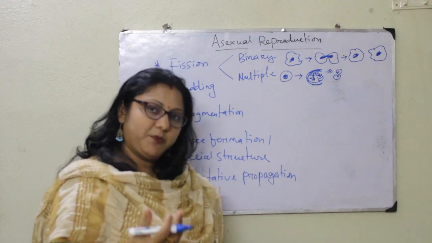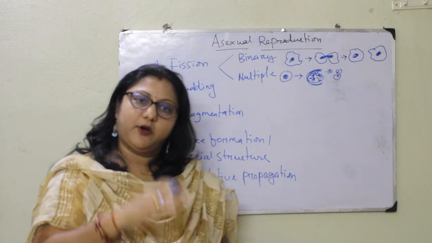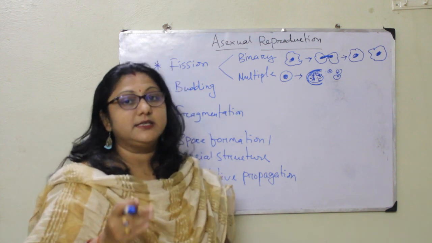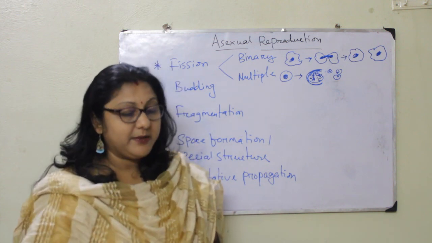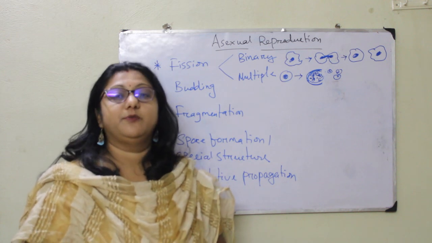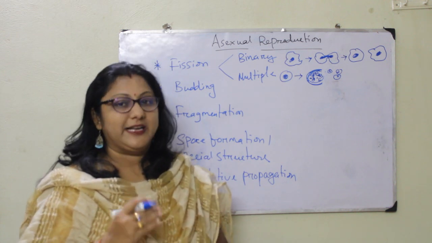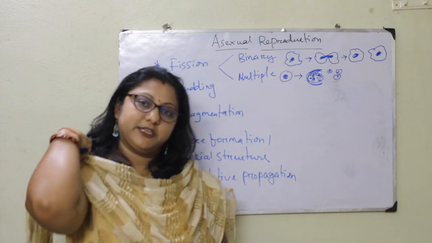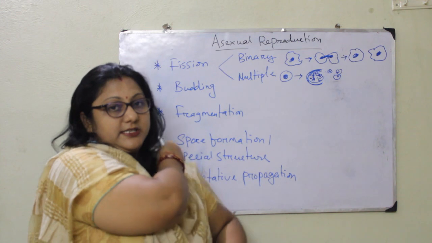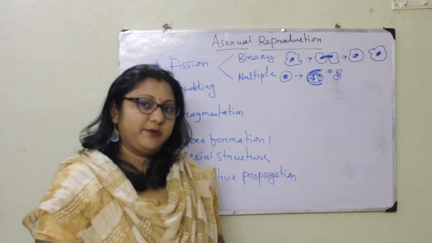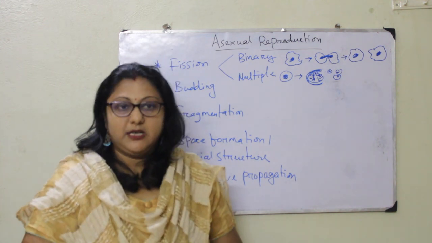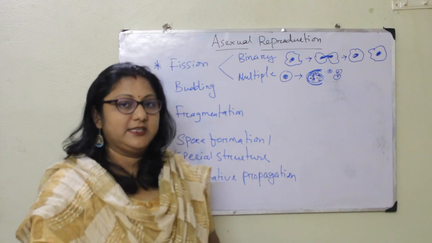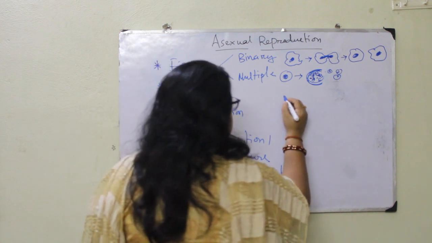Clear? But the amoeba follows binary fission as well as a similar process like multiple fission, which is called the sporulation process. So what happens in sporulation? Similar to the plasmodium, during unfavorable conditions, the amoeba covers itself with a 3-layered cyst wall. The process is called encystation.